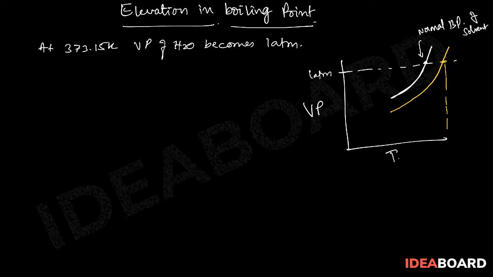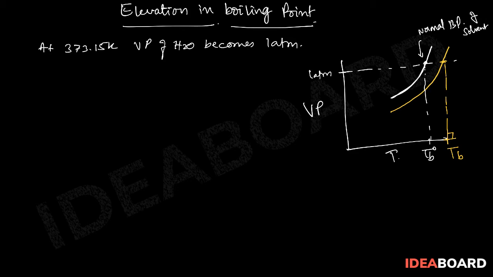So if we drop perpendicular here, so this will be TB. This is the boiling point of solution, whereas we see that boiling point of pure solvent is TB naught, which is much lesser compared to the TB, that is boiling point of the solution.